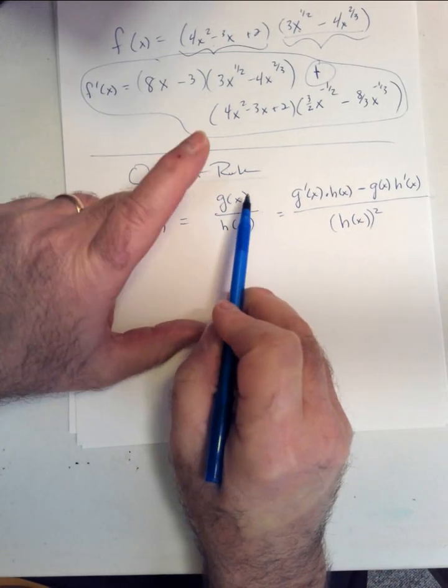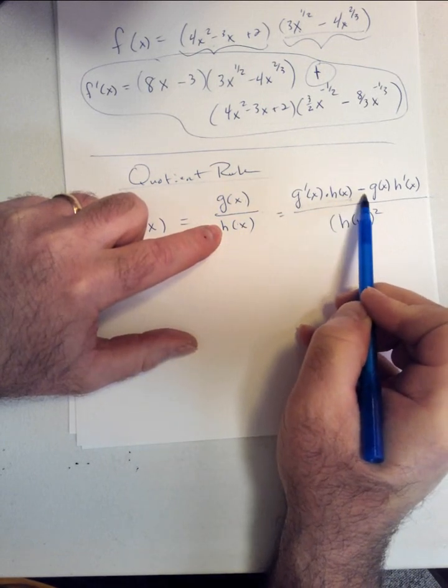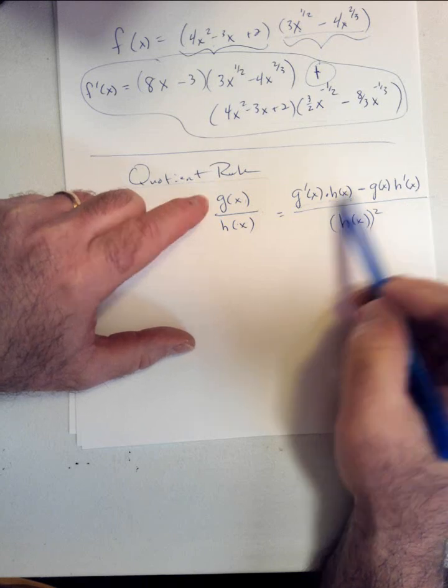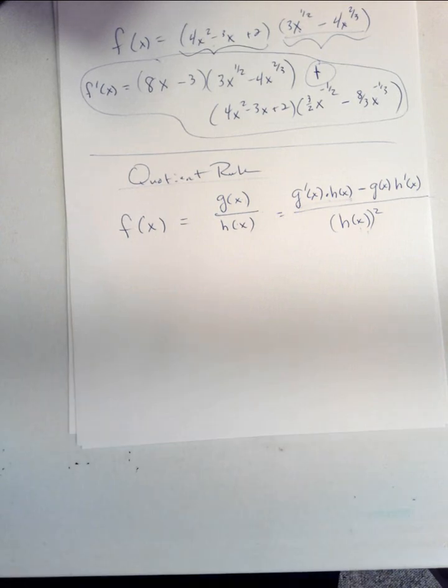So derivative of the top times the bottom, minus the top times the derivative of the bottom, all over the denominator squared. And that is the quotient rule.